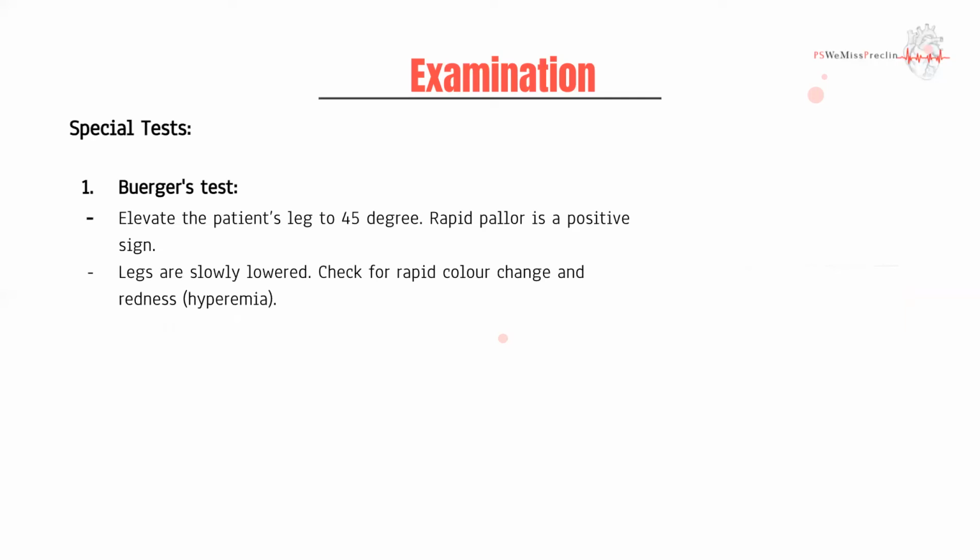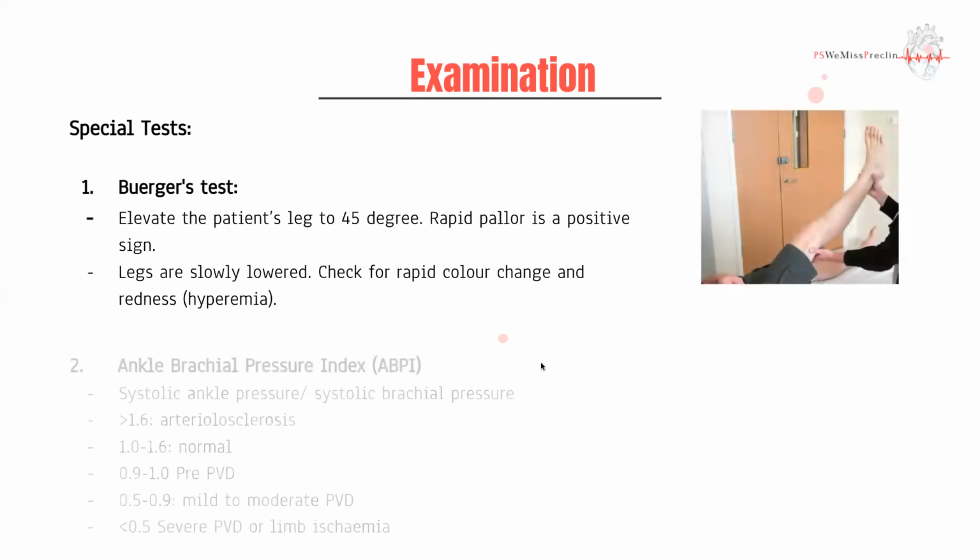And secondly, you lower the leg below the level of the bed and then check for a rapid change in color or redness or hyperemia, meaning that you have almost too much blood flow. And again, it's kind of a slushy system where you don't really have a normal, consistent flow. And that's, again, a positive test. So the two combined can give us a good estimation.